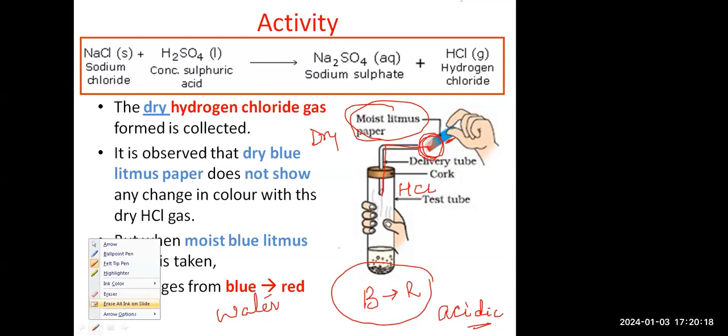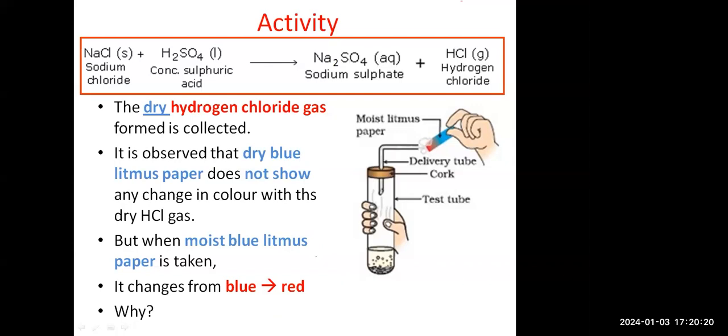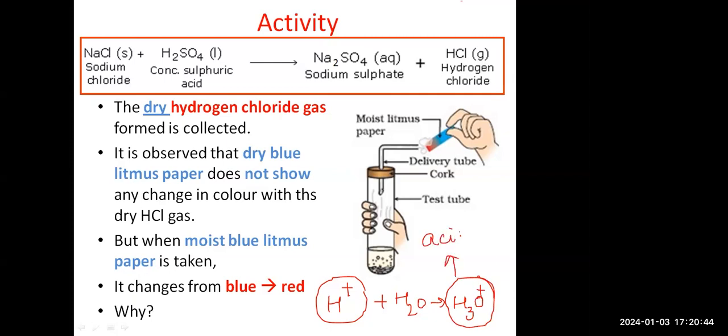The presence of water produced H plus ions. And remember, a few minutes back, I told you that it is these hydrogen ions which combine with water molecules to produce hydronium ions, which are ultimately responsible for acidic behavior.